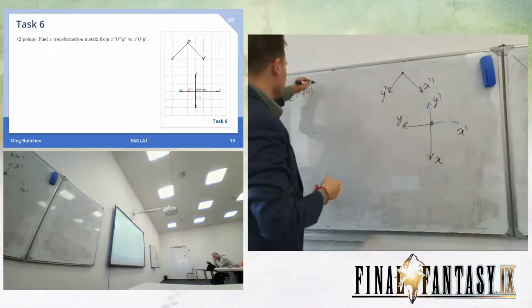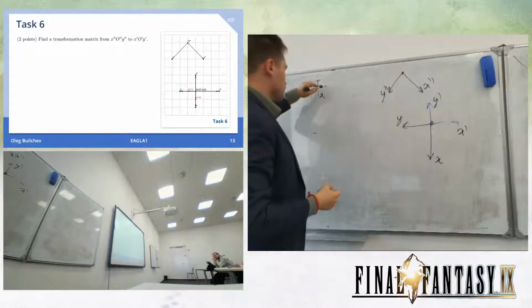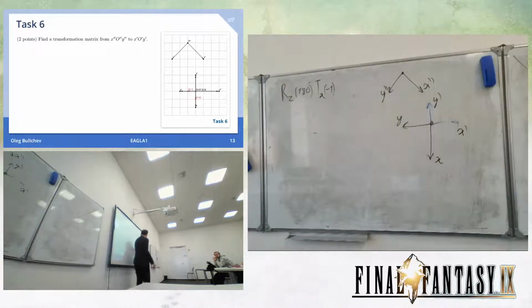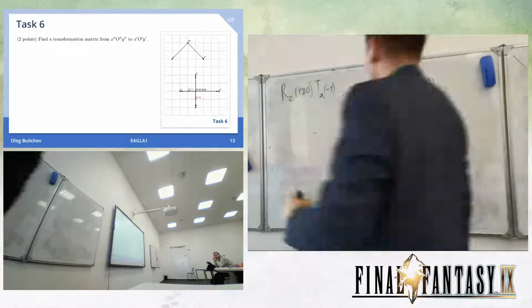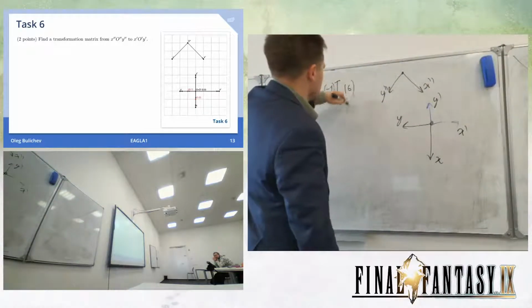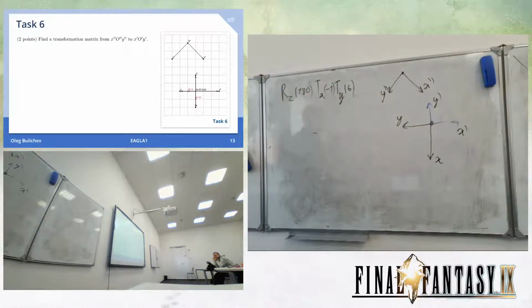So I can translate it according to the x-axis by -1. You can count there that -1 and 1, 2, 3, 4, 5, 6. And ty 6. After this, we have a bit tricky moment.